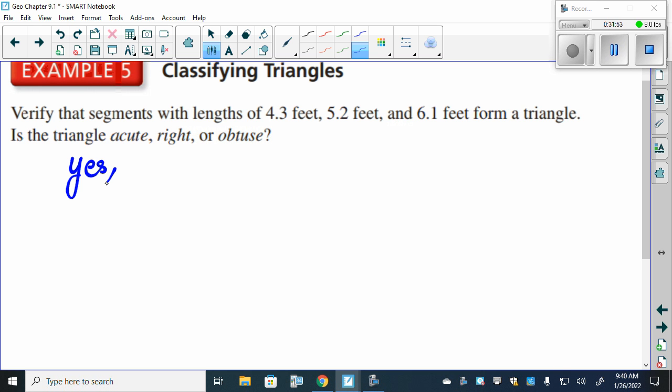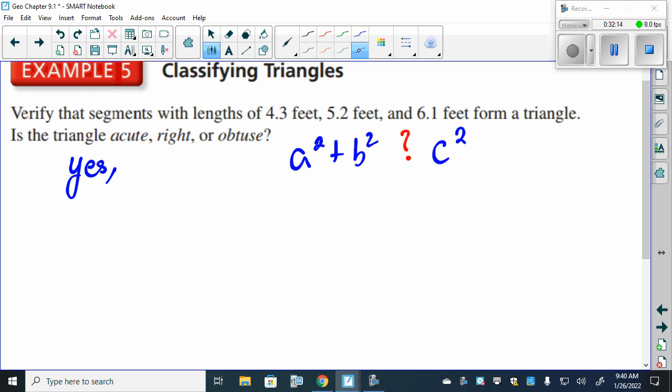Now, to determine if it's right, acute, or obtuse, we're going to find out what a squared plus b squared is, and find out what c squared is and see how they relate to each other. You got to put a question mark in the middle.